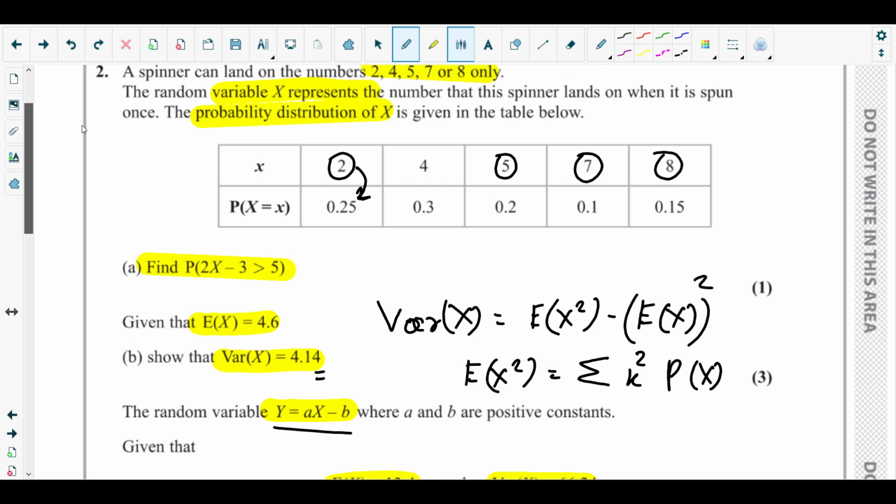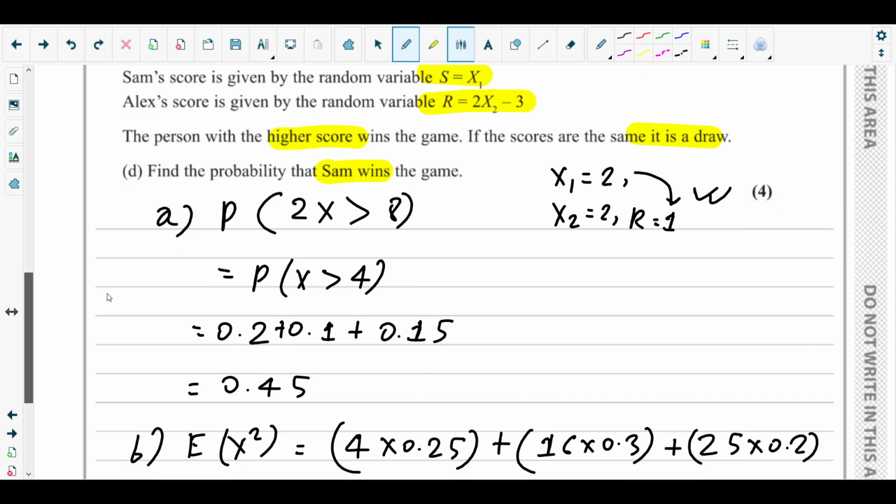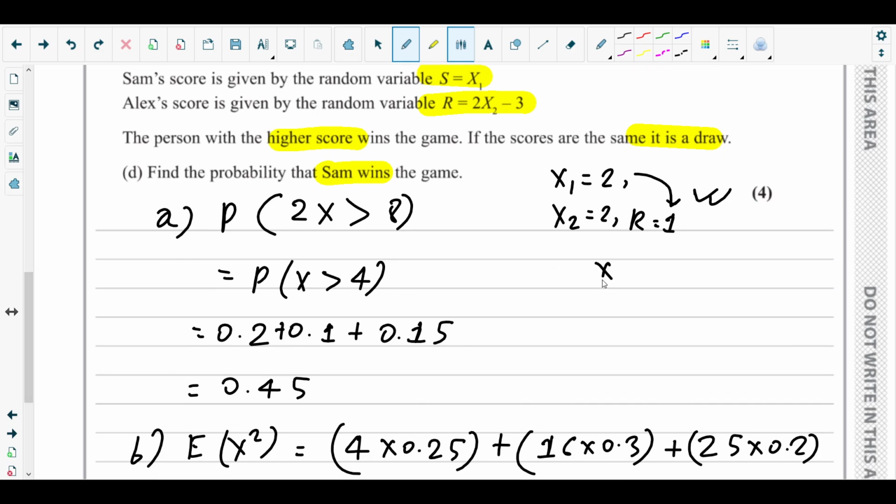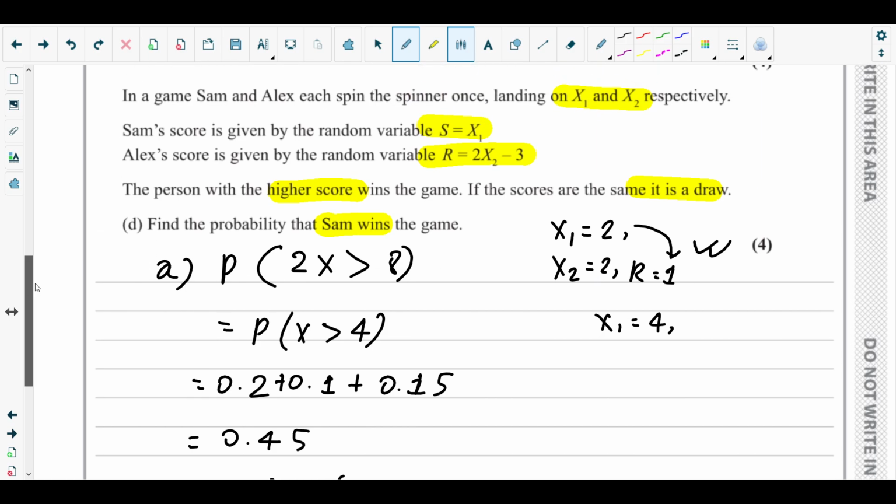Next, consider if Sam scores 4. What should be Alex's score? If you consider x2 that is 2, you are getting r equals 1.